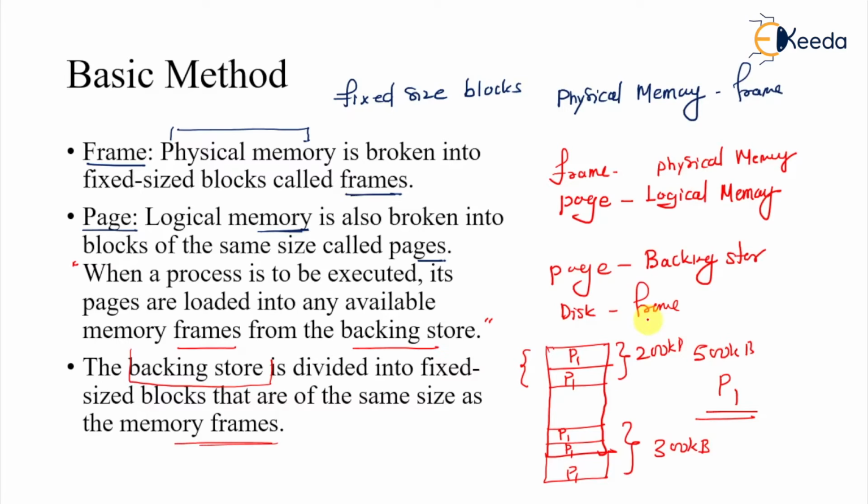Because of this, your internal fragmentation may increase by a significant amount, but that is the trade-off between contiguous and non-contiguous, and we have to see which is more advantageous to implement. That is the idea of non-contiguous memory allocation.